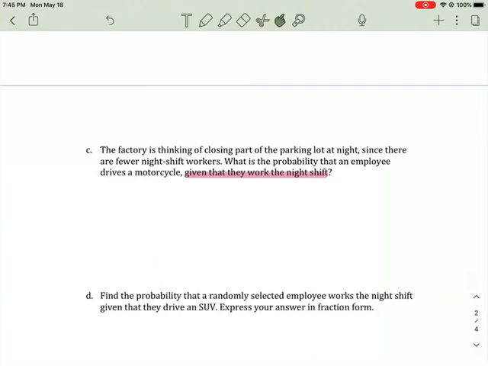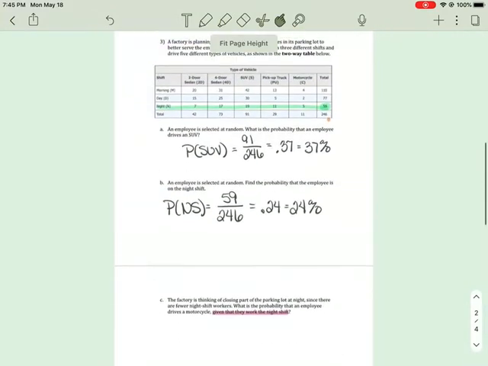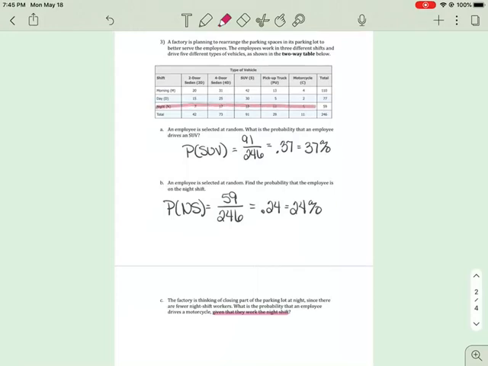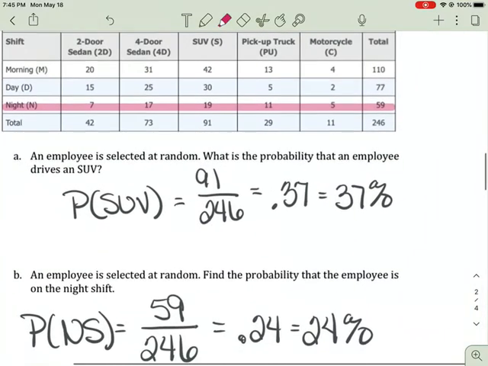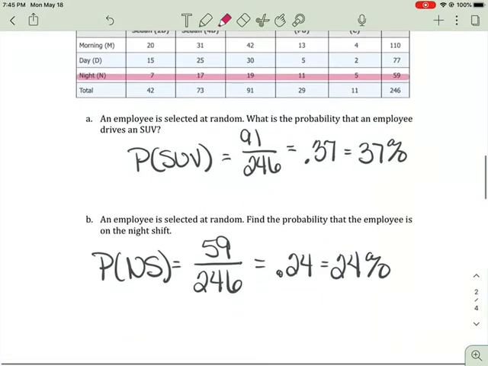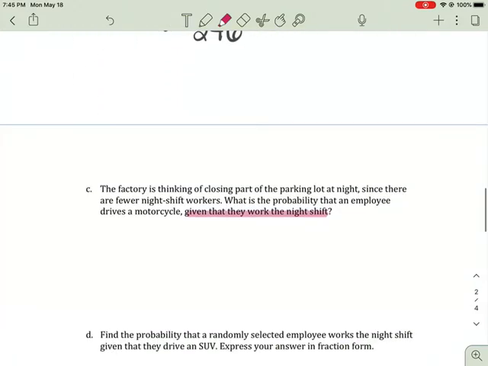So what happens here is that when you know that's going to happen, you're only going to look at that particular situation. So night shift is this row. Okay, so I'm only looking at those 59 employees. So what we want to know is out of those 59 employees, how many drive a motorcycle?